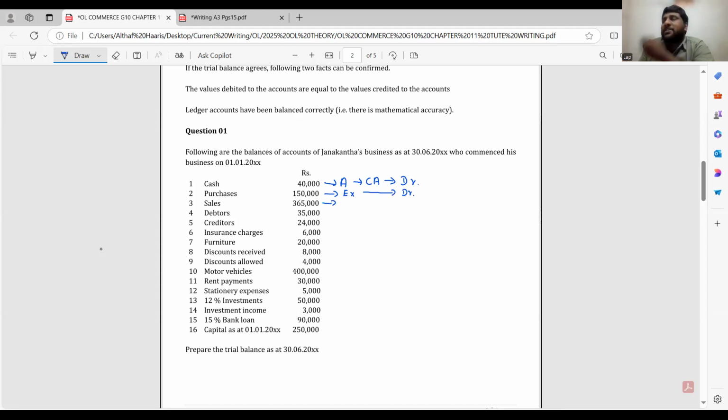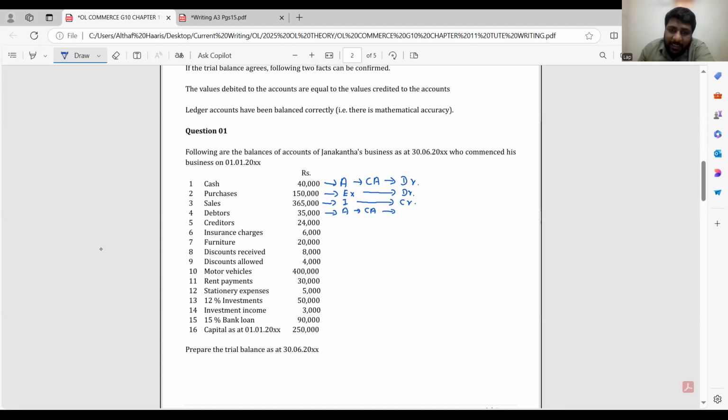Sales is what for the business? Income. Income increases on which side? Credit. So this goes to the credit side. Who are debtors for us? Debtors are assets. It is a current asset.